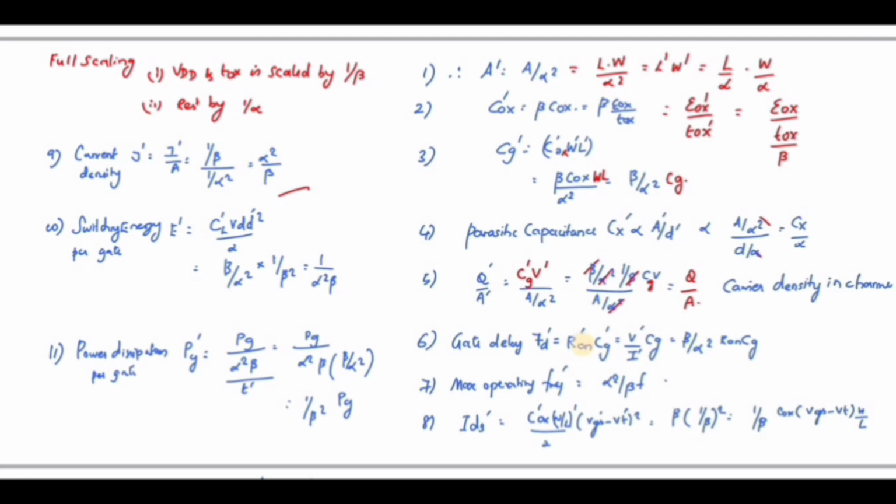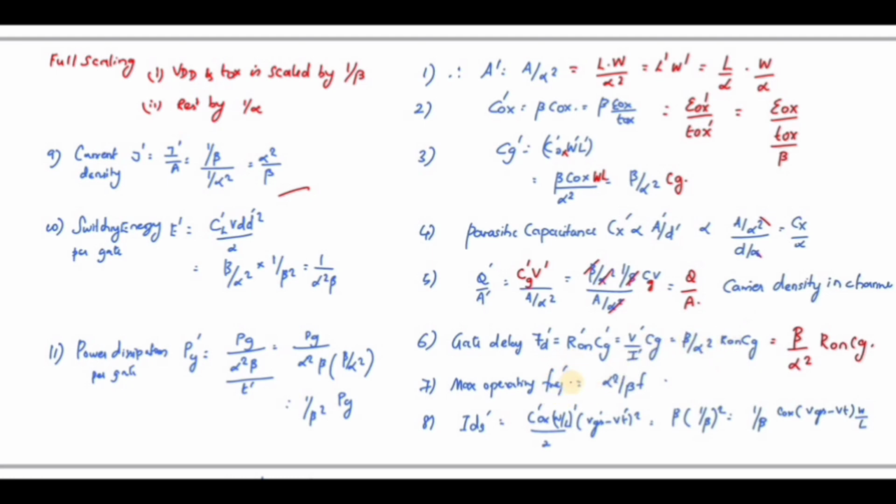Next, gate delay. Gate delay I can write as R into C, so R bar into CG bar. R I can write as V by I. CG I can write as beta by alpha square CG, and V bar by I bar I can write as V by I. So this is nothing but beta alpha square into R on CG.